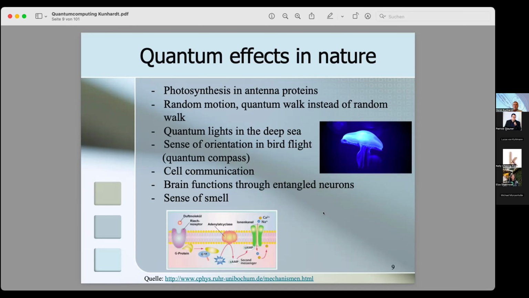So quantum effects are surrounding us at all times. We are living in a world of quantum effects.